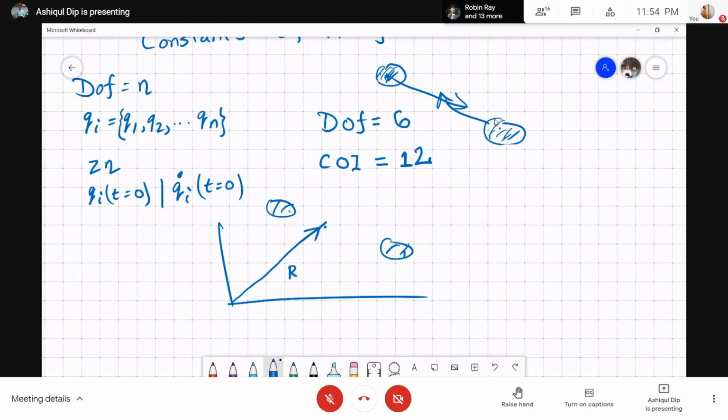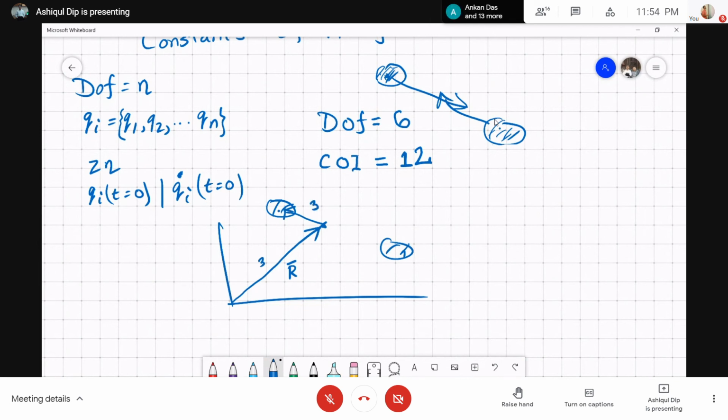So that's 3 degrees of freedom here. And with respect to one of those objects, because the other is just a multiple of that, the ratio of that, we'll see that later. So the center of mass has 3 degrees of freedom, and one of the objects with respect to the center of mass has 3 more degrees of freedom.